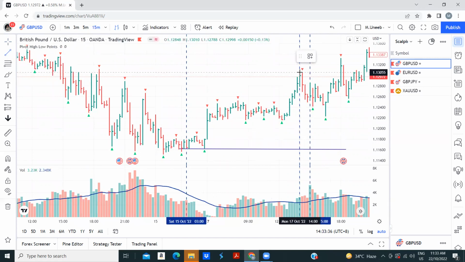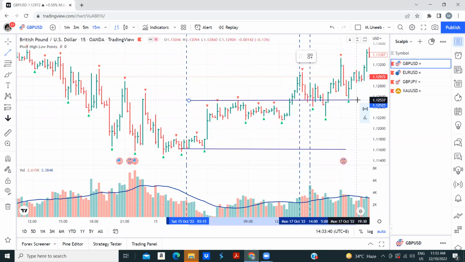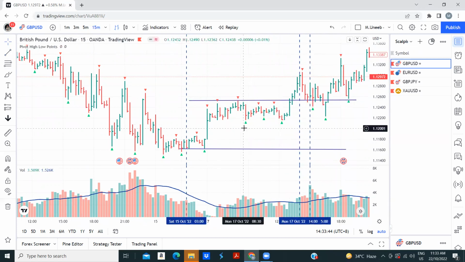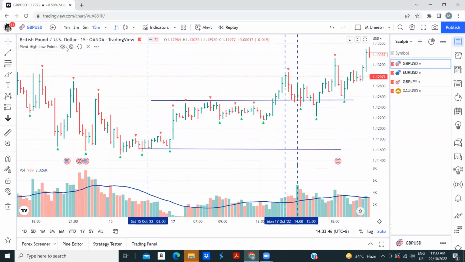Obviously, this will not be marked because it's here. So the highest point must be here. This is the idea. And now we just remove it.